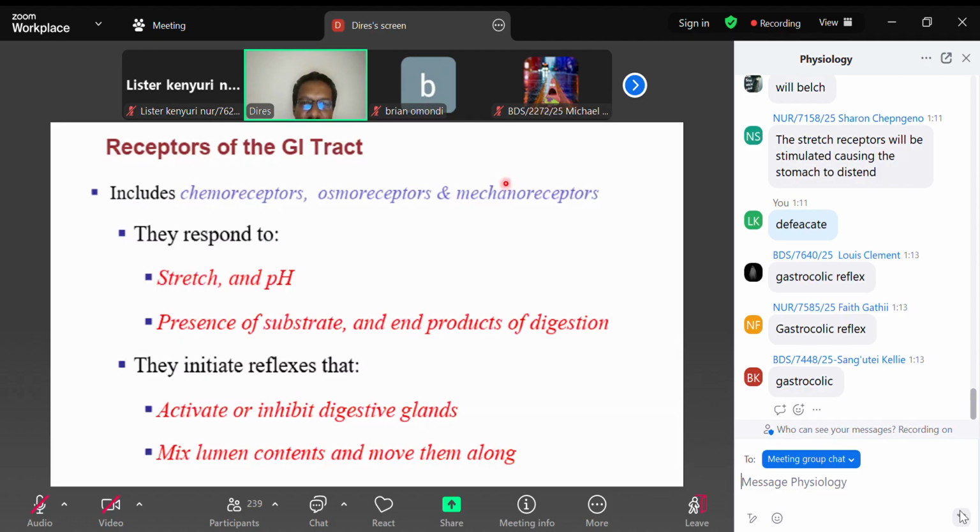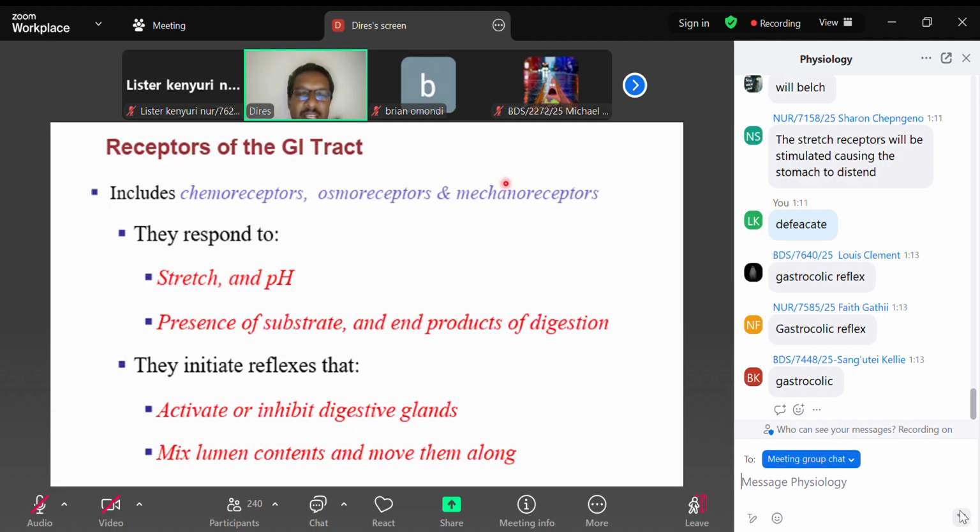Gastrocolic reflex. Excellent. You know, in naming a reflex, the first name is where the stimulus is. Gastro, stomach, distension. The second name is the structure which responds: colon, large intestine, which contracts, pushing the content down to the rectum according to the law of the gut, leading to defecation.